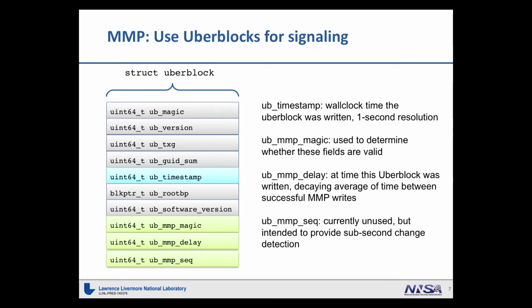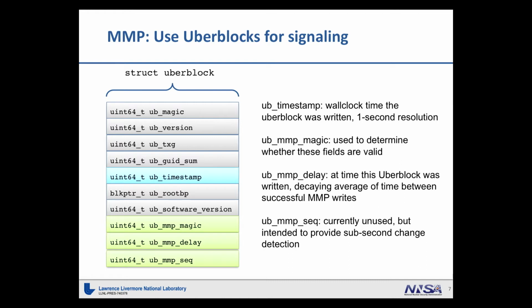This gives us 1 second resolution. And we don't really care what time it is. We just look to see if it changed. And then we added 3 fields at the bottom: magic, delay, and sequence. Magic is to tell us whether or not there's valid MMP information here at the end of the struct.